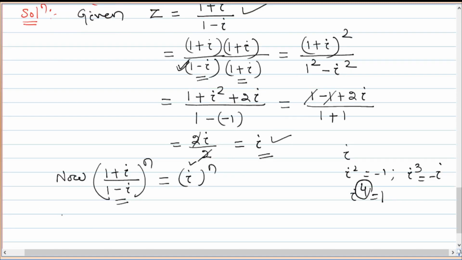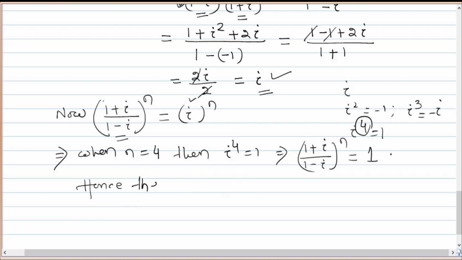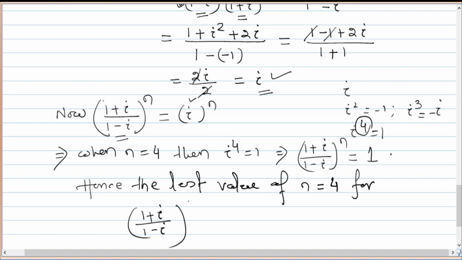From this we conclude that when n is equal to 4, then i to the power 4 is equal to 1. That implies (1 plus i) by (1 minus i) whole to the power n is equal to 1. Hence the least value of n is equal to 4, for which (1 plus i) by (1 minus i) whole to the power n is equal to 1. That's your answer.